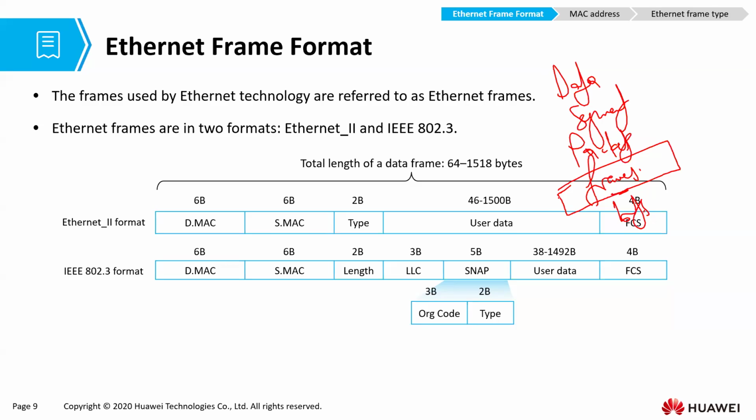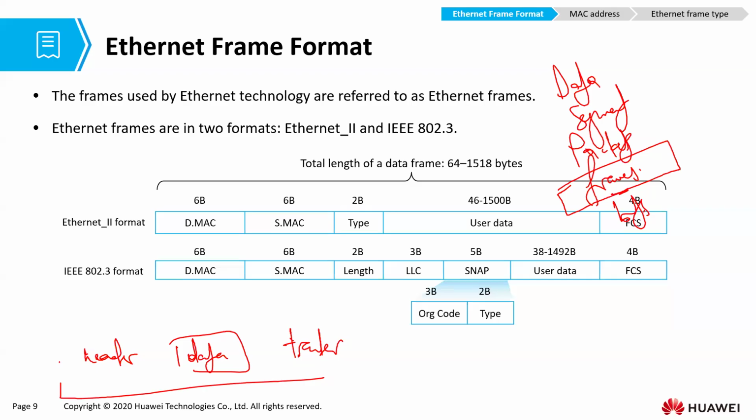In this case, the structure can be simplified as having a header, then our information, let's just call it data, then a trailer. The header contains the destination and source MAC address.